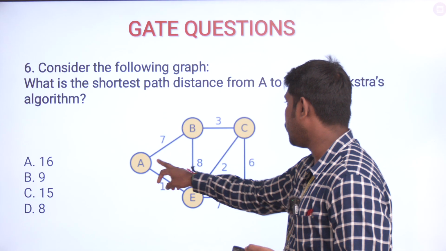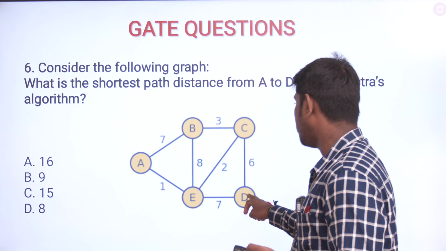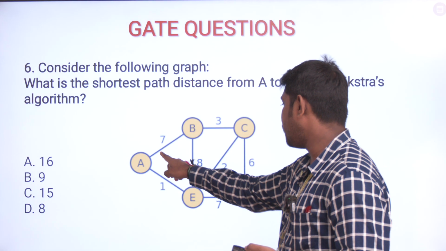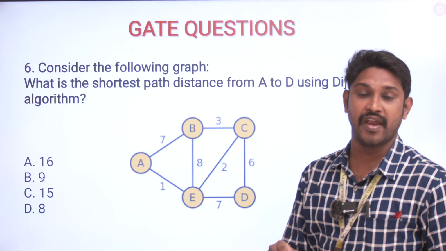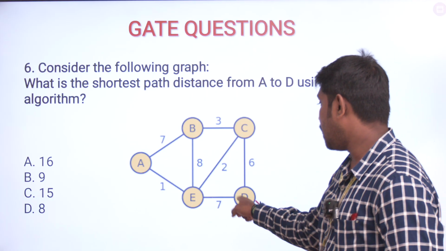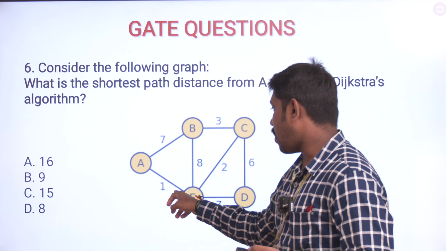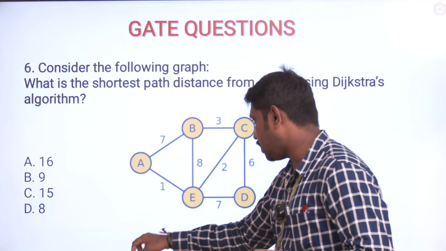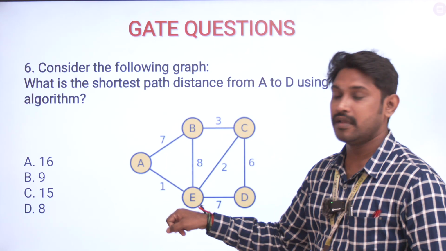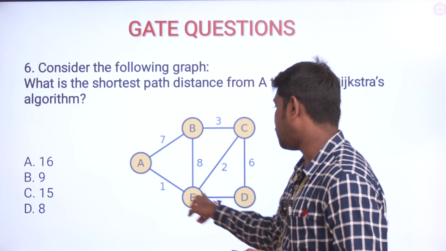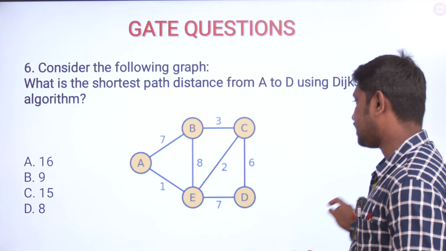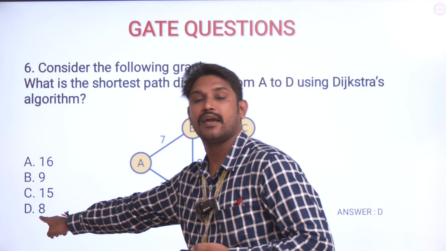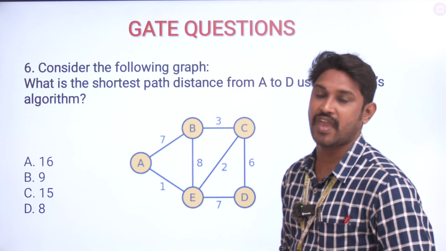Next we move on to A to B, B to E, E to D. That is 7 plus 8, which is more than the weightage that we have found. The minimum value will be 8. So I think option D is the correct one, because among these four paths the shortest path will be 7 plus 1, 8, that is A to E, E to D. Now we check with the answer. The answer is D, which has the minimum weightage of 8.